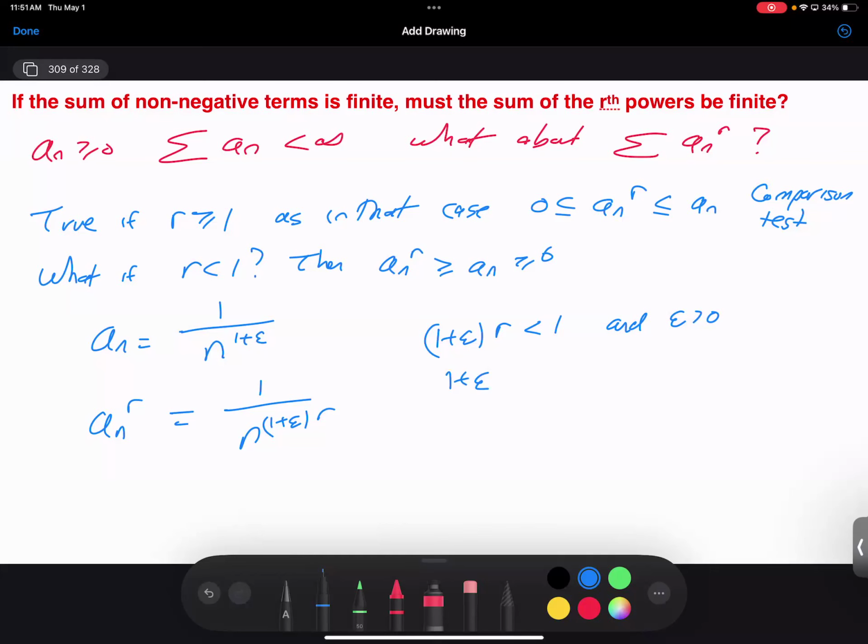So 1 plus epsilon is less than 1 over r. So 1 minus 1 over r. Have I done this properly? Do we want r to be positive? Yeah, we want r to be positive. Did I do things in the wrong way?